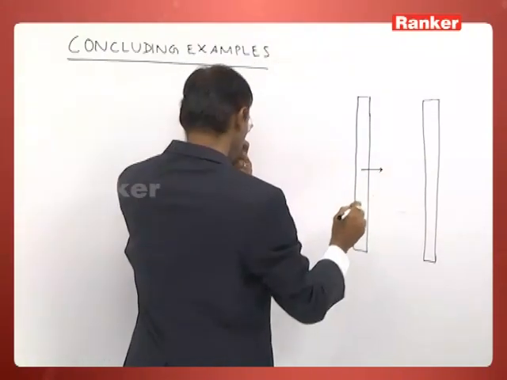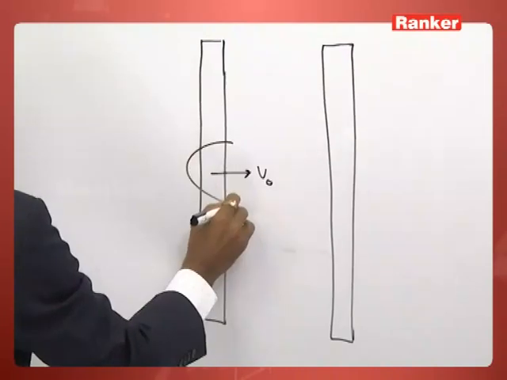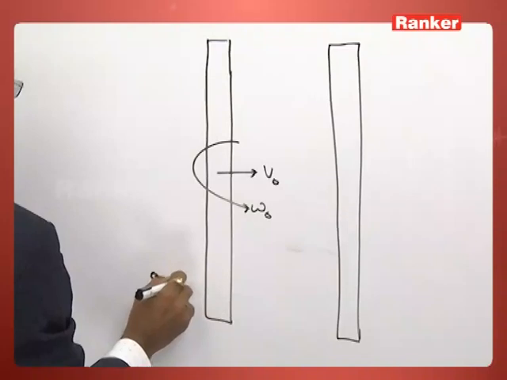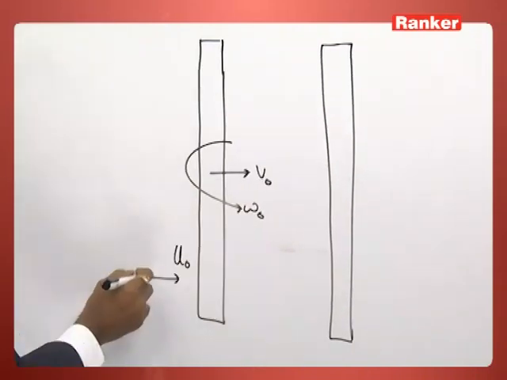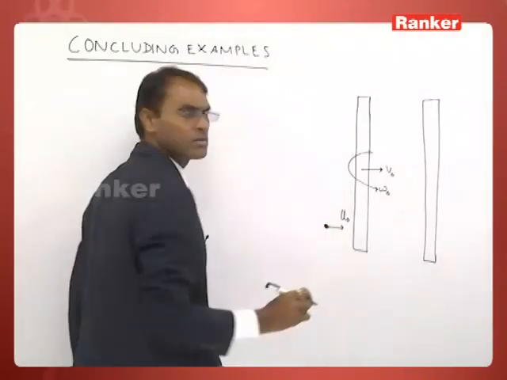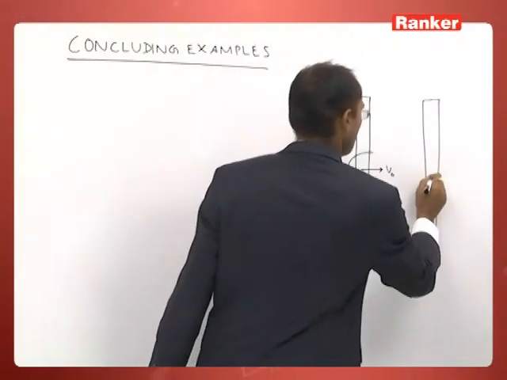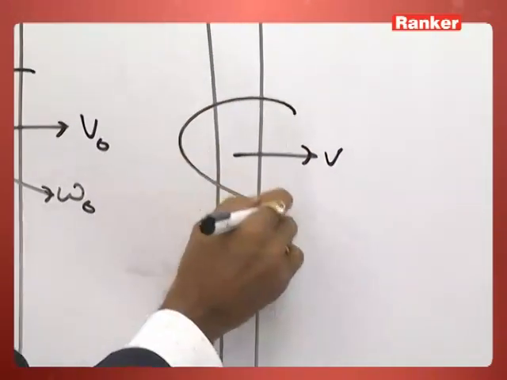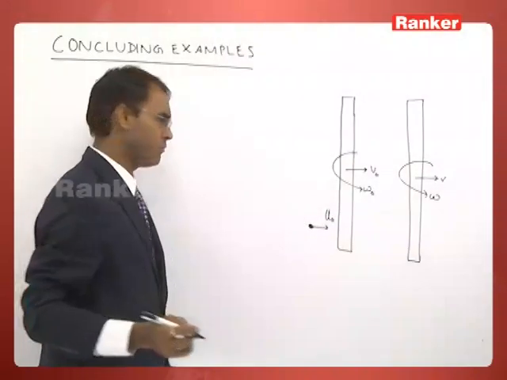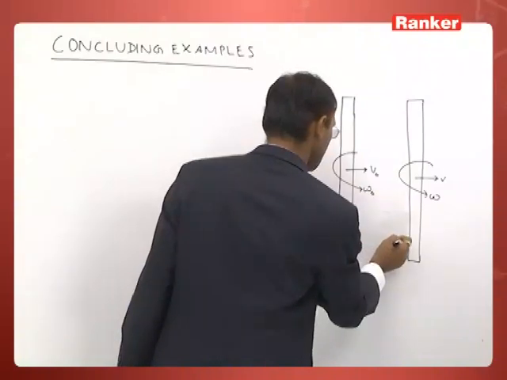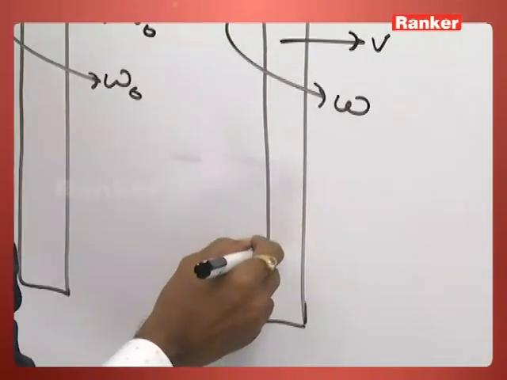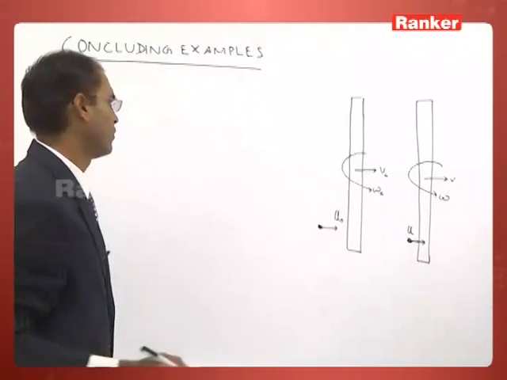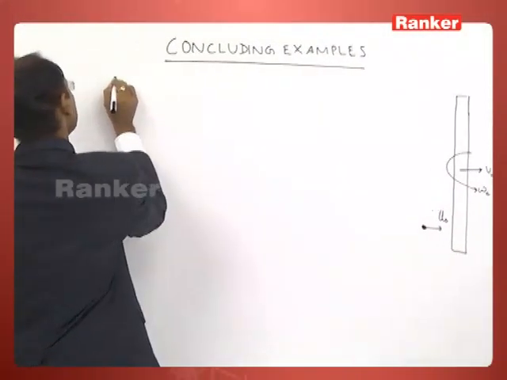Say V naught, omega naught, and let velocity of the particle initially be u naught. Here, just after the collision, let velocity be v, angular velocity be omega, and velocity of the particle just after the collision, let it be u. Angular momentum conservation.